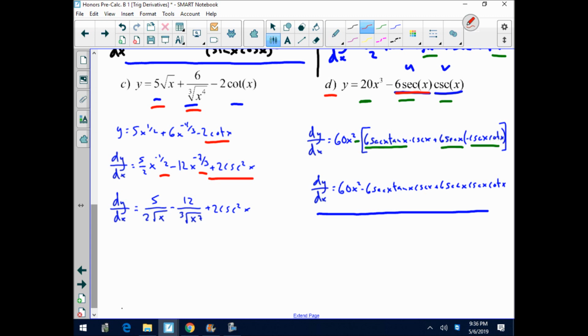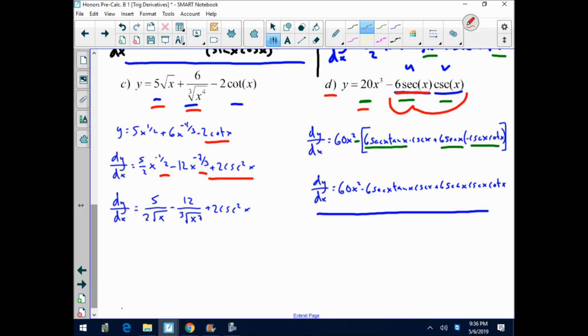So right here, finally, we've got our d. And this is 2 terms. We can take the derivative term by term. Our second term is, of course, going to be a product rule. So we're going to have our derivative as the derivative of 20x cubed, which is 60x squared. And then minus, and then it's going to be our product rule.